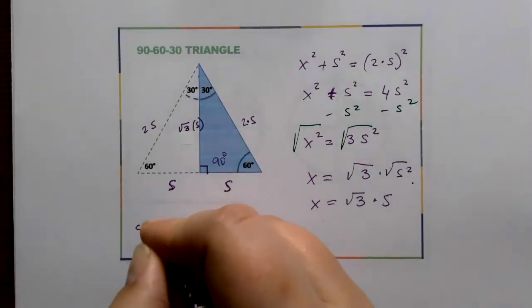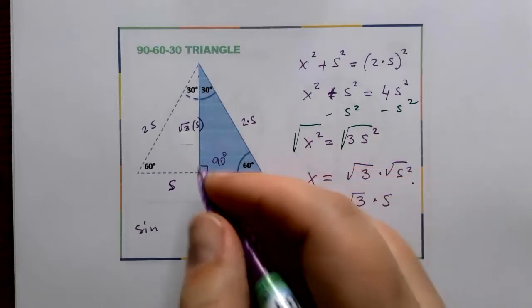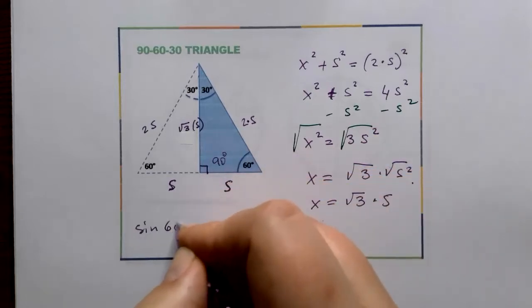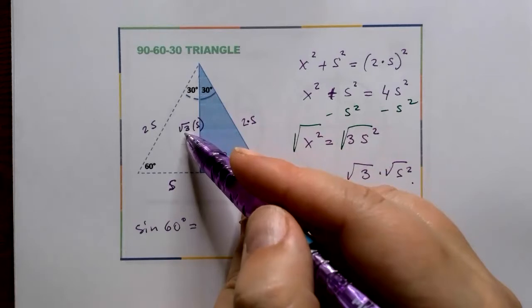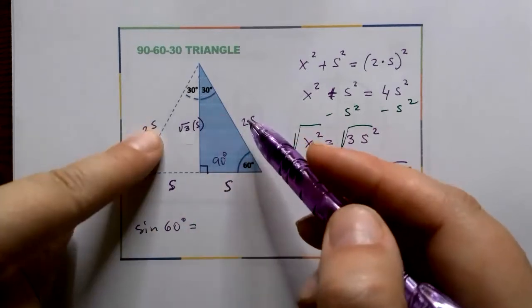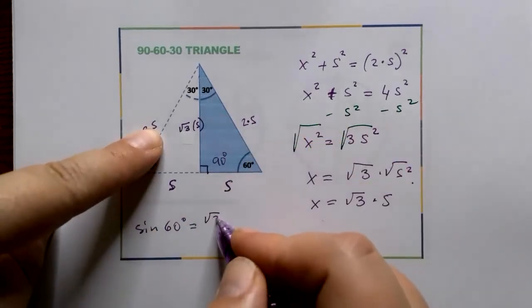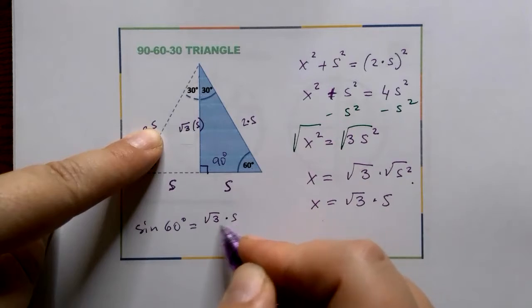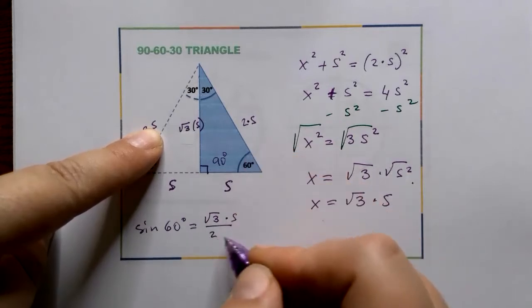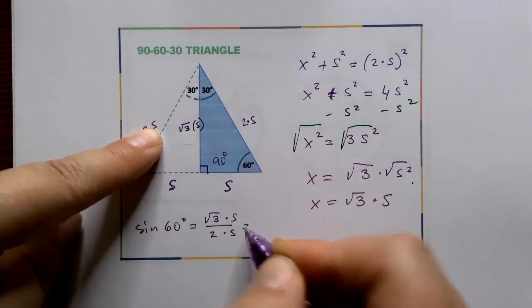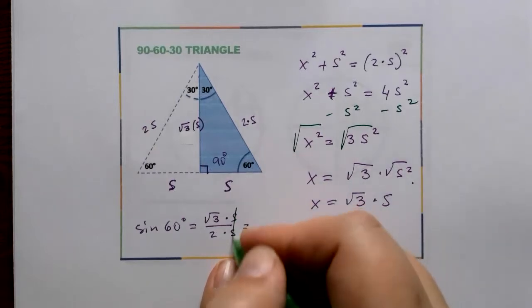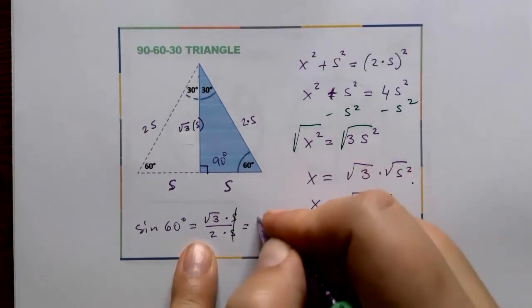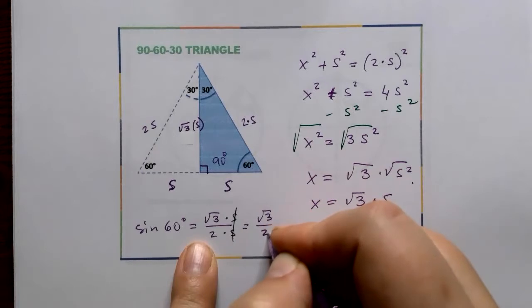So for sine, let's say of angle 60, we're going to start with 60. Sine is opposite over hypotenuse. So we're going to have square root of 3 times s divided by 2 times s. So s will cancel out, and we're going to have square root of 3 over 2.